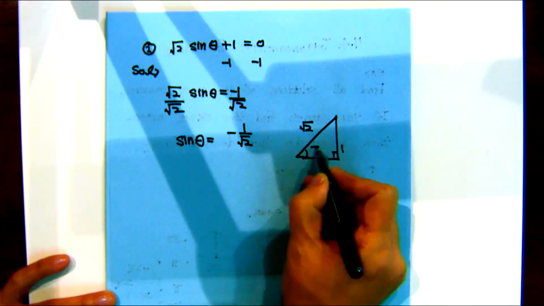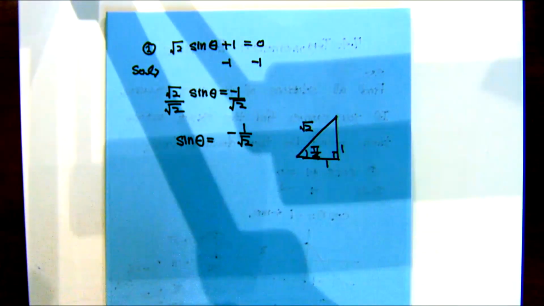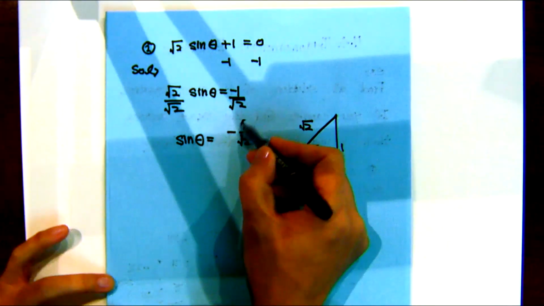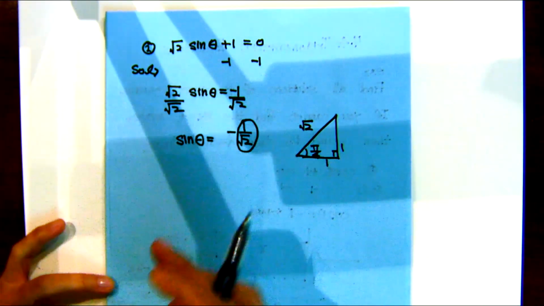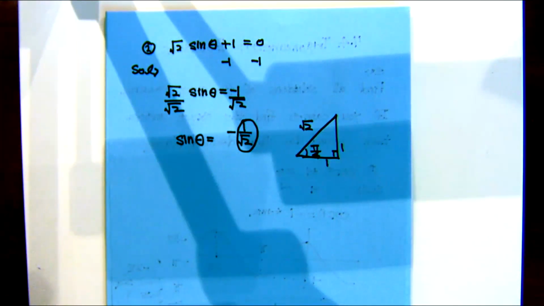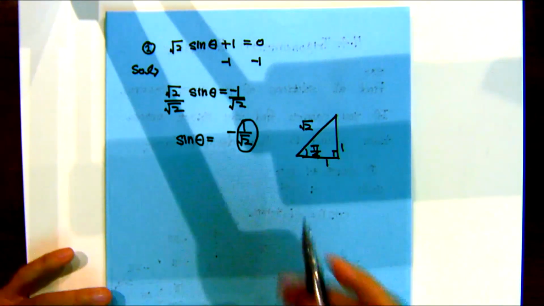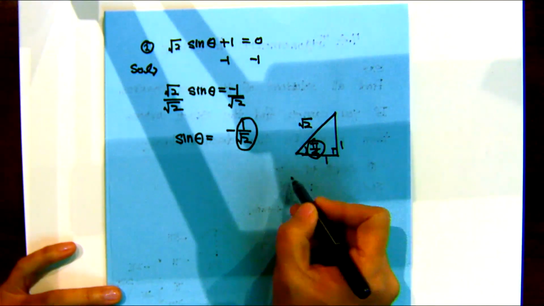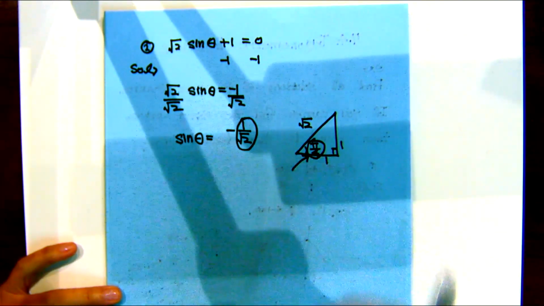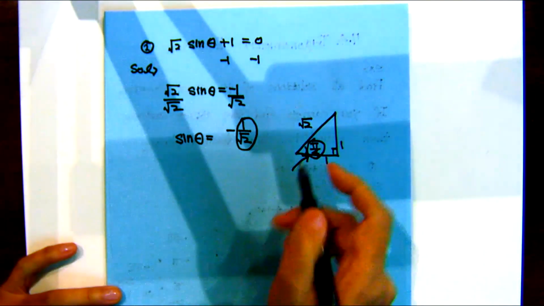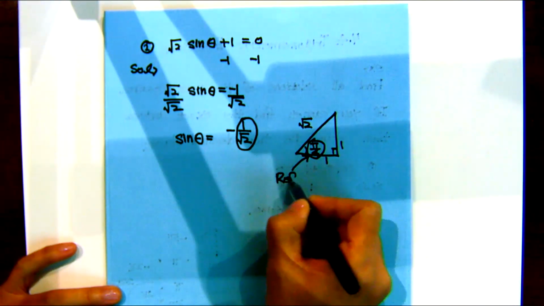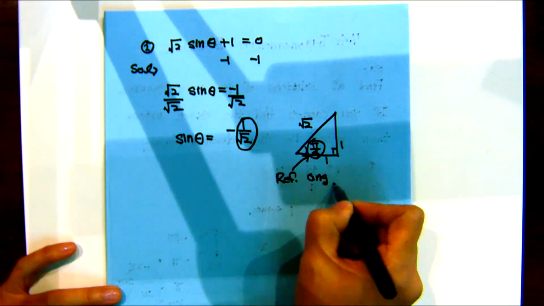So this angle is pi over 4. The sine value is 1 over square root of 2. So this part will give us the information about the reference angle by relating it to the typical reference triangle. So the reference angle is pi over 4.